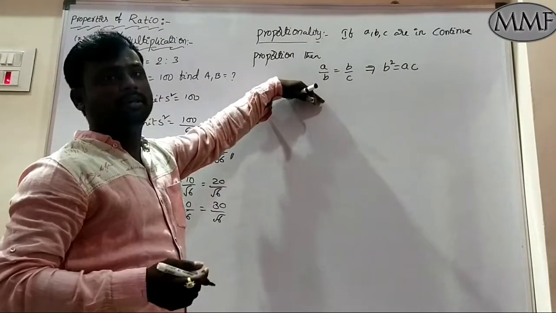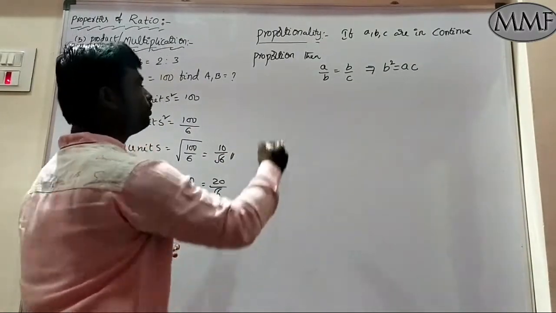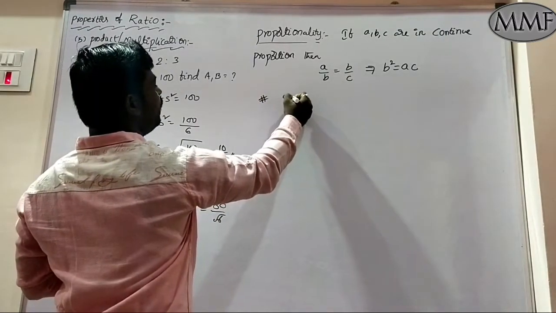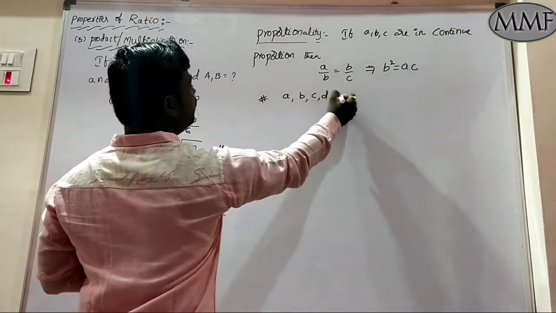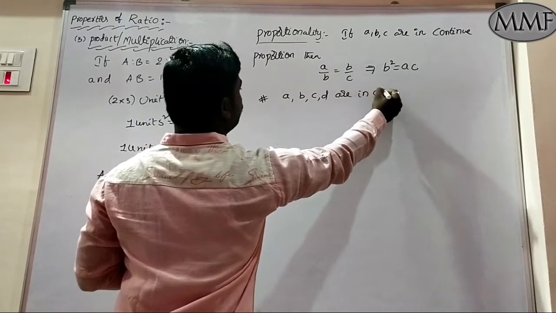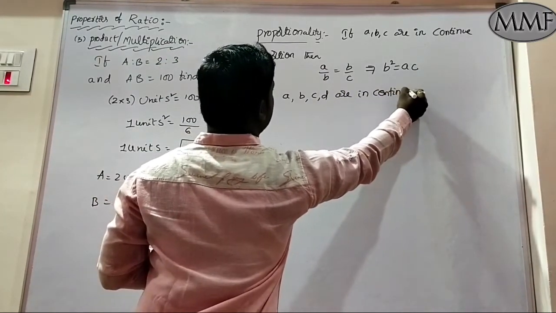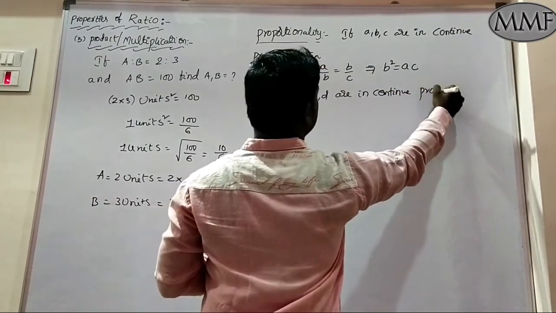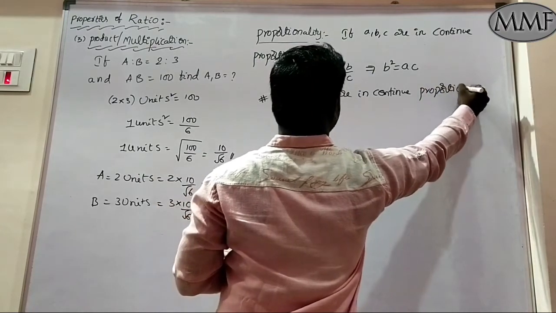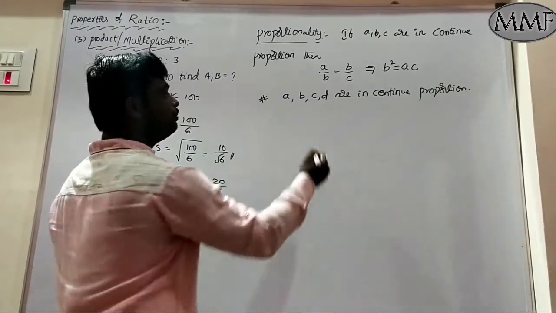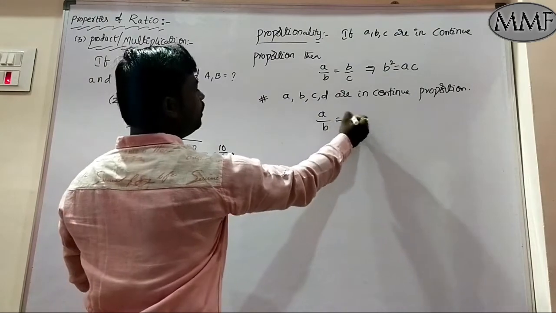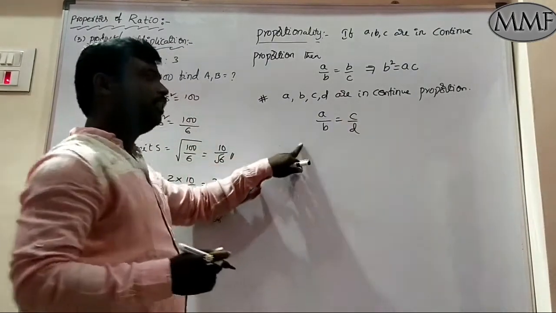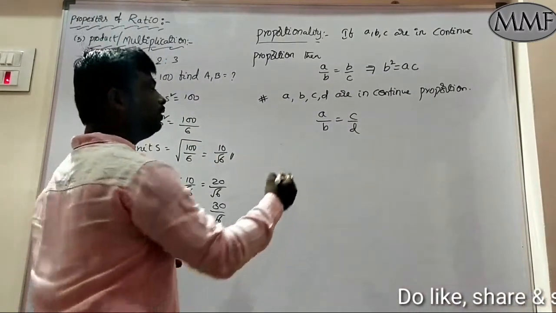If not 3 numbers, if you are having 4 numbers in proportion. For example, A, B, C, D are in continued proportion. Then what we can say? Very simple. A by B is equal to C by D. From this we can get 4 quantities. How here?